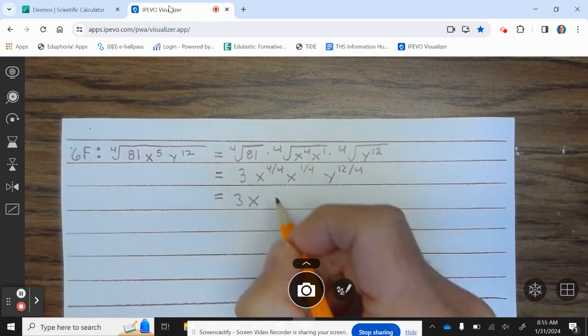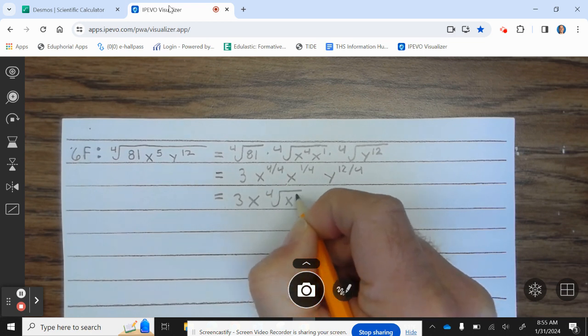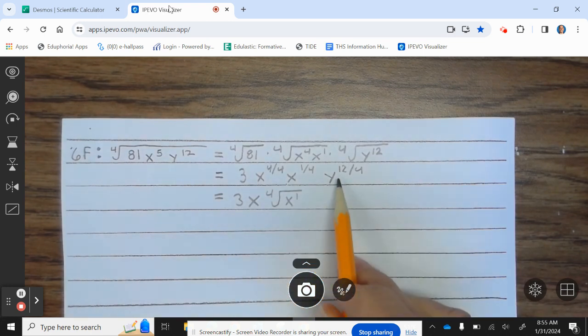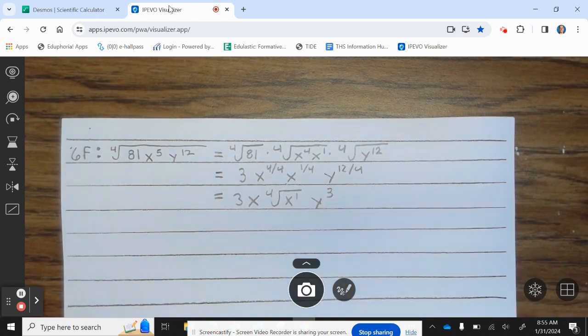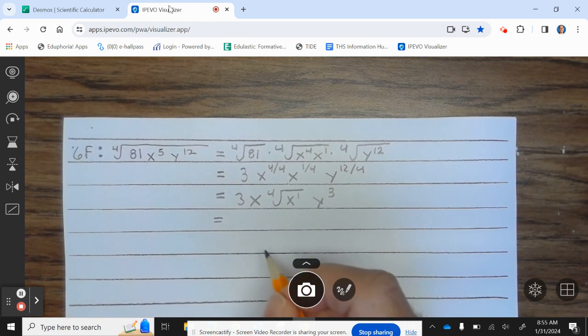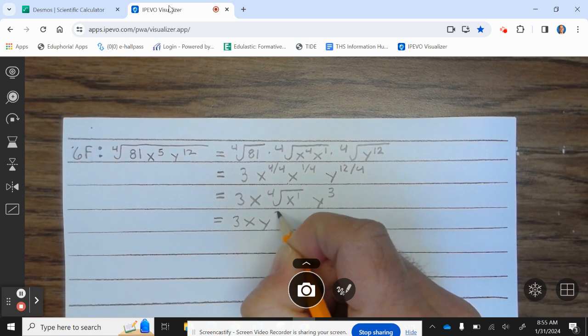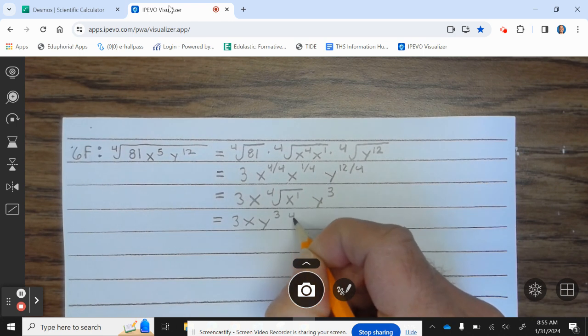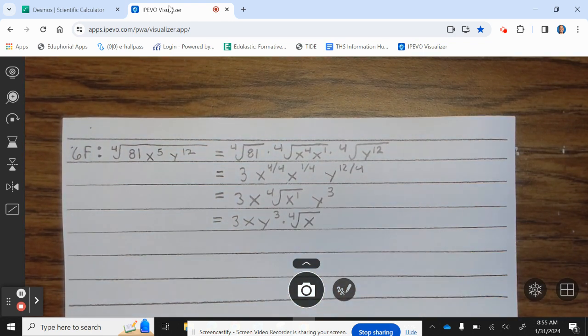X to the 1/4 can be rewritten as the fourth root of x to the 1 power, and then y 12 divided by 4 is y cubed. So this simplifies to be 3x times y cubed times the fourth root of x. All right, go ahead and finish up 6f.